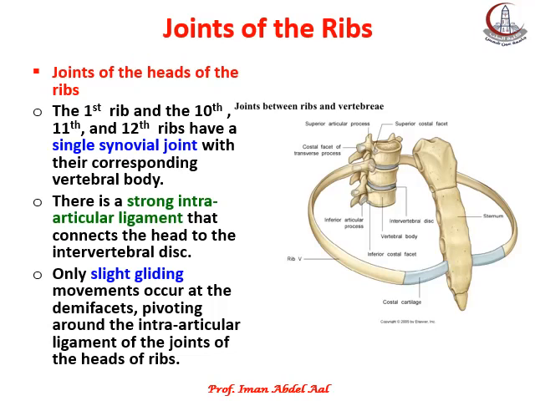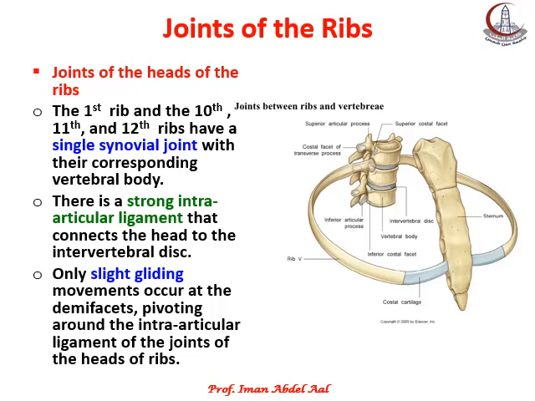The joints between the heads of the ribs and the body of the vertebra have a strong intra-articular ligament. This ligament connects the head to the intervertebral disc. So here in this joint, there is a strong intra-articular ligament between the head and the intervertebral disc.